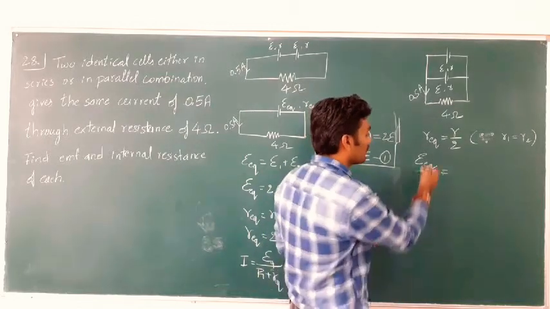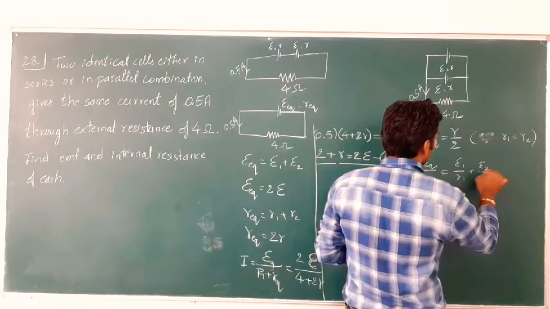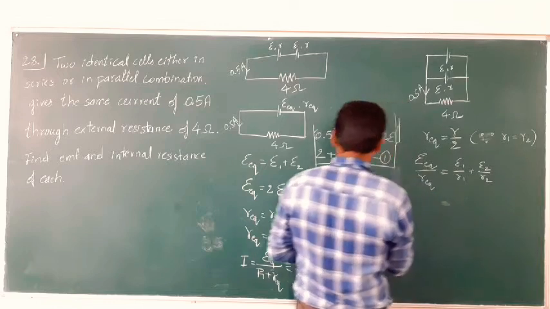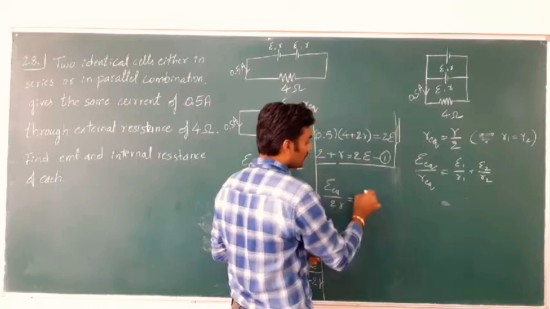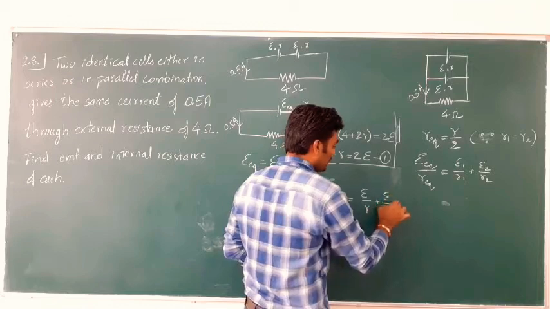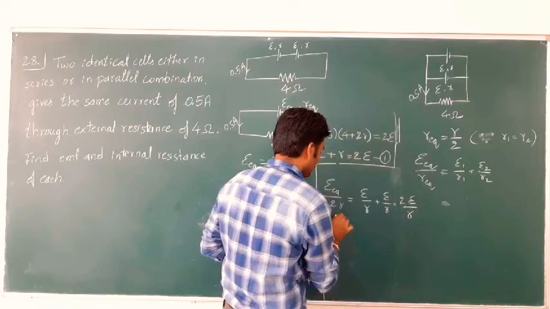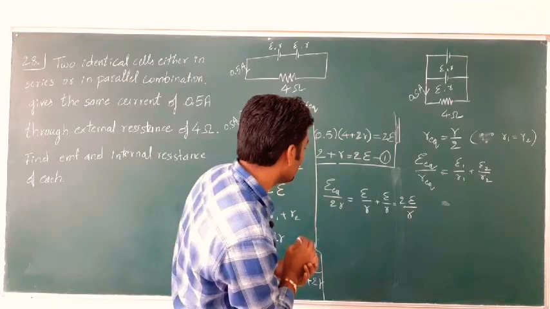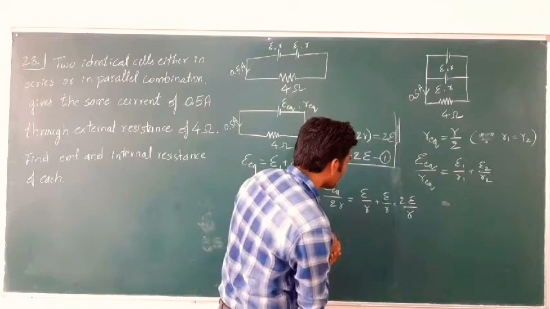We want detailed answers. E equivalent by R equivalent is equal to E1 by R1 plus E2 by R2. So you simplify this, E equivalent, R equivalent is 2R is equal to E1 is E by R plus E by R, which is 2E by R. So R and R cancels, E equivalent should become equal to E, right?